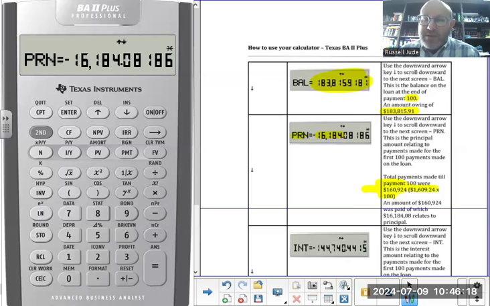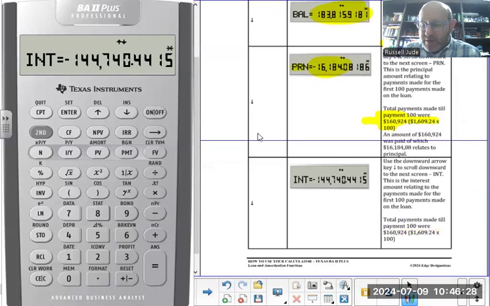How much of that is principal? Only $16,000. $16,184 is principal. Arrow downwards, and of the total payments that I've made of $160,000, 100 payments at 1,609 per month, 144,740 is interest.